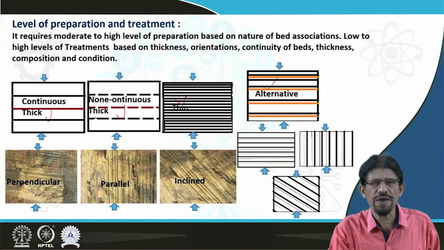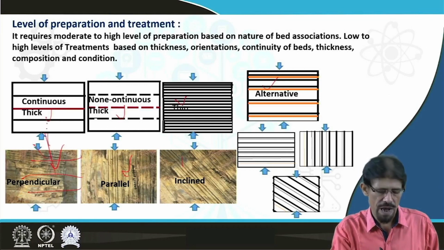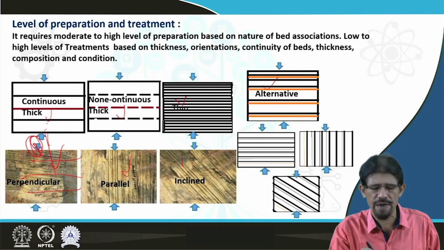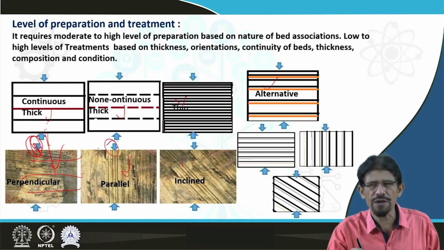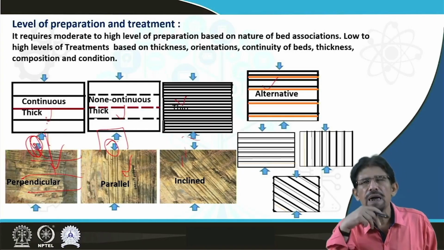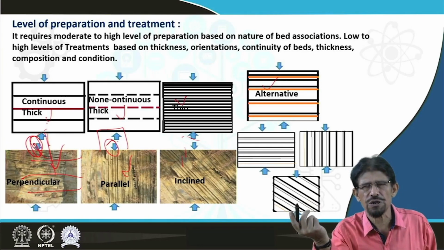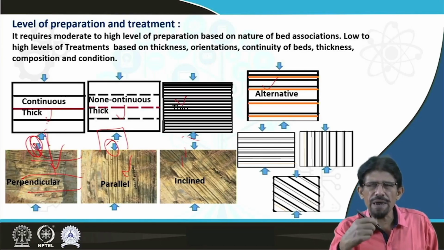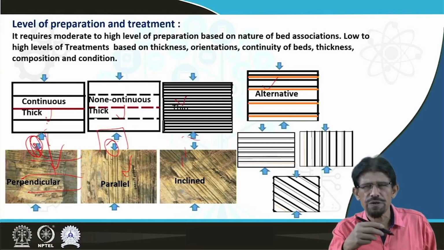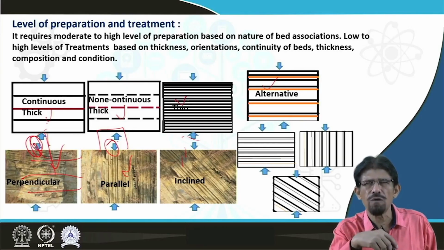We can see here a number of interfaces running perpendicular to the applied direction, the applied load direction, where we are going to put a building or a dam or any engineering structure. So there is a variation in the mechanical response of this type of bedded ground.